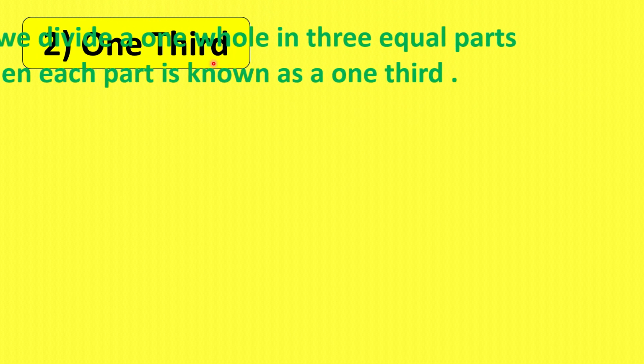Now it's about our one third, our main point, which starts from here. So what is a one third? As you know, bacha, on the previous page we cut our rectangle image into three parts. It's about a one third.